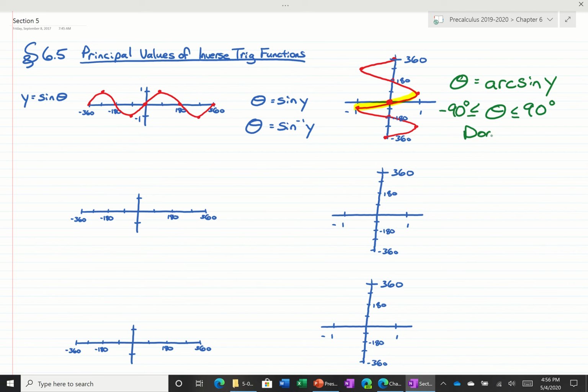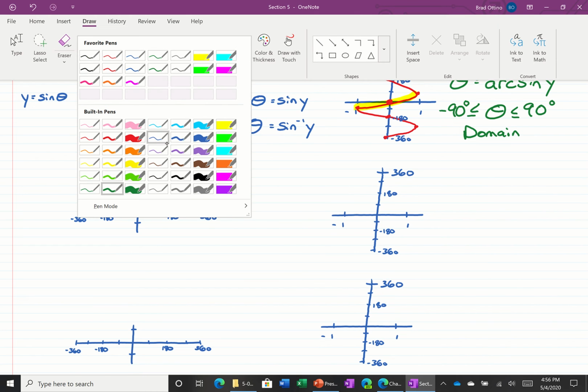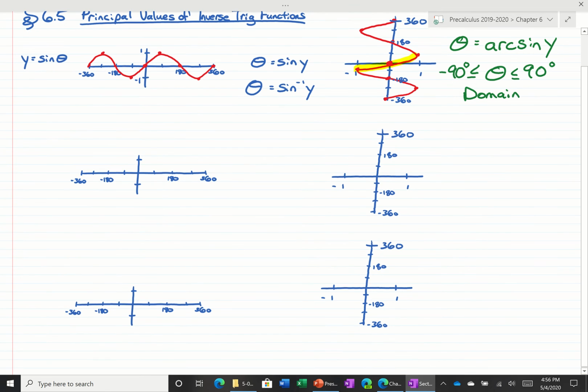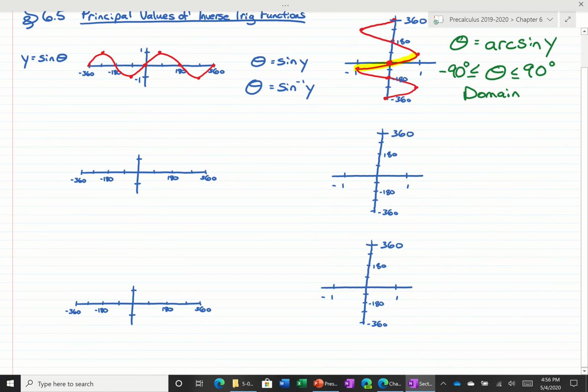That's the domain of the arc sine. Now we could do the same thing with cosine and tangent. The main idea here is that you know the domain of arc sine.